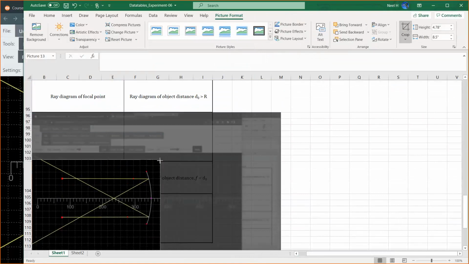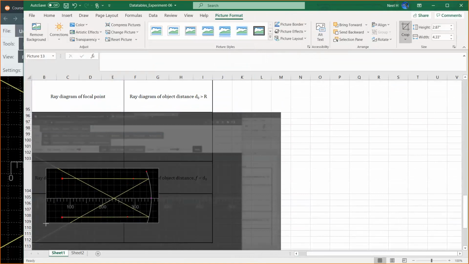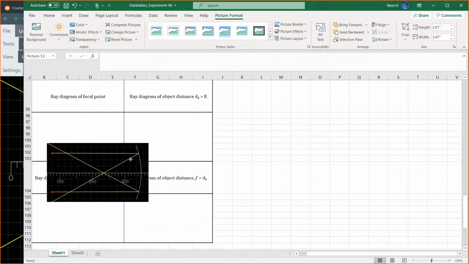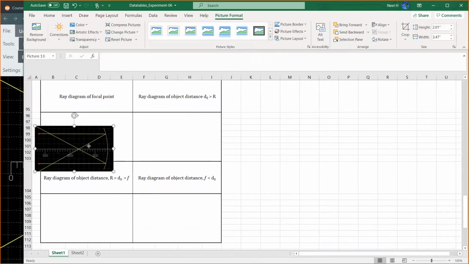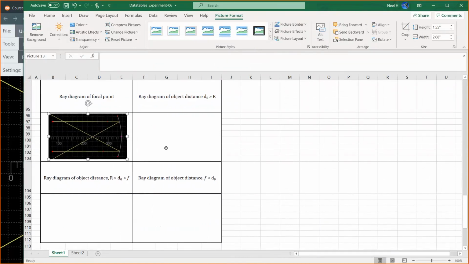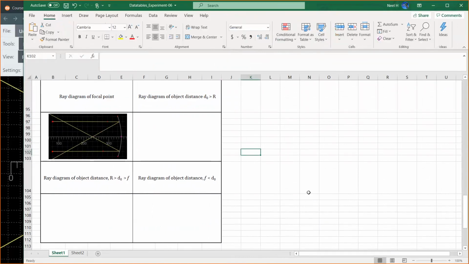We're not going to do any measurements or anything. Because of that, I would suggest you just crop out anything unnecessary. That's the only part we're interested in. And let's put that exactly in this space.